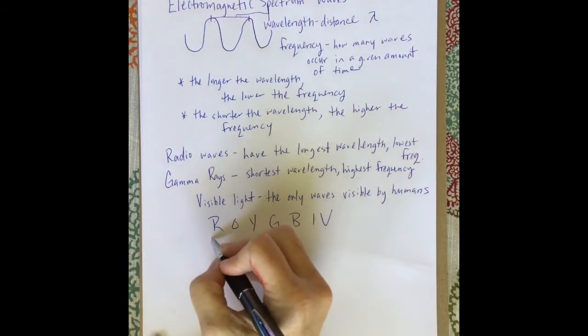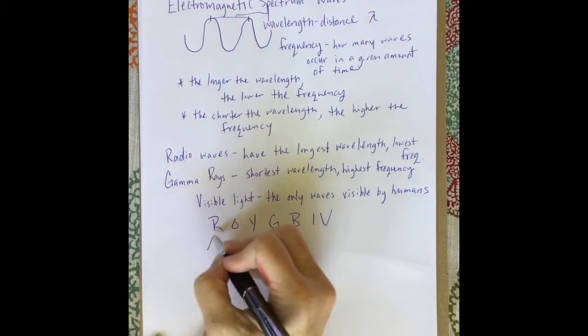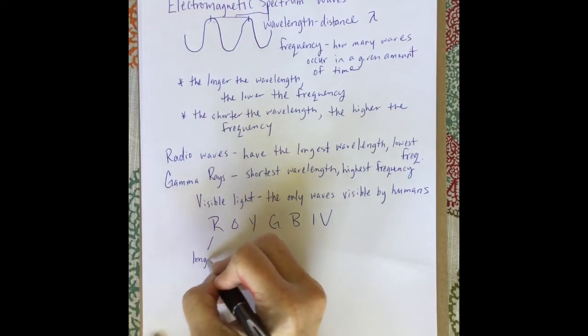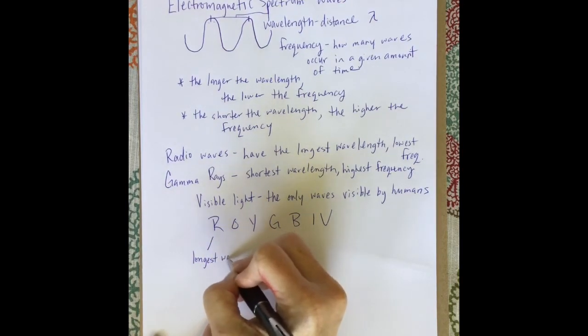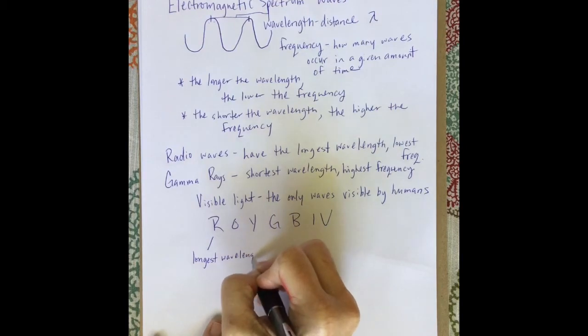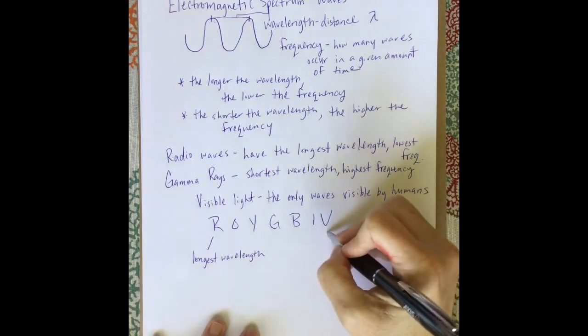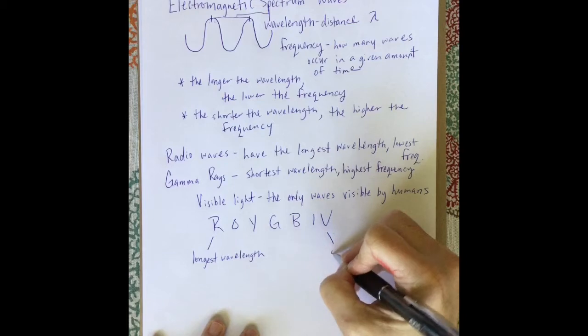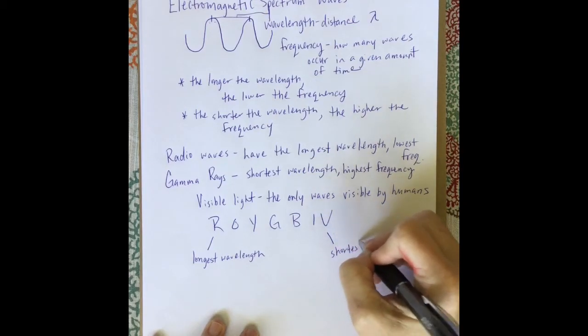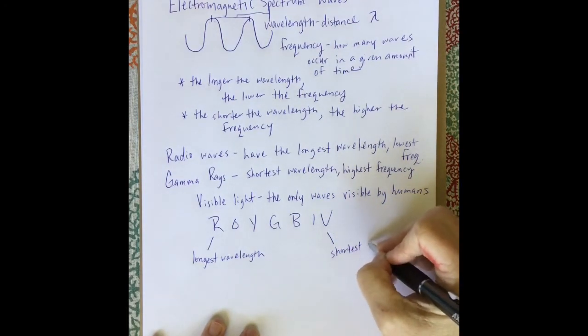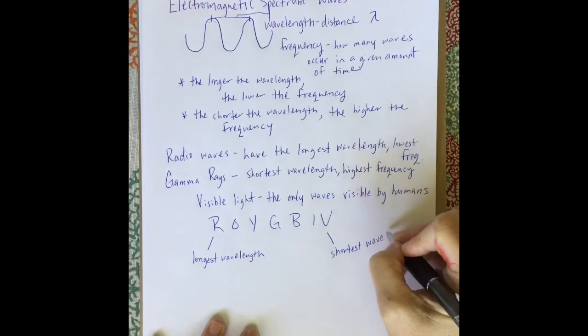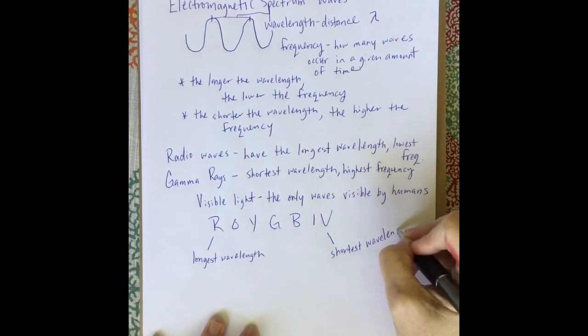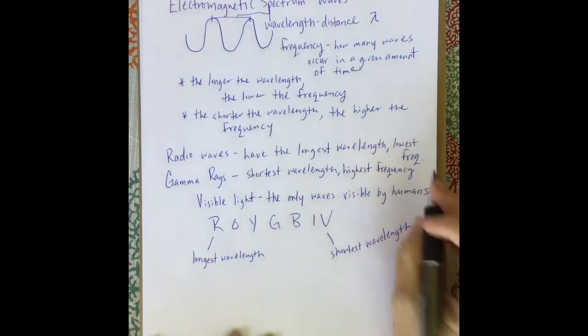The red waves, the red color that we see, they have the longest wavelength. The violet or the blue, they have the shortest wavelength. It's the highest energy, highest frequency.